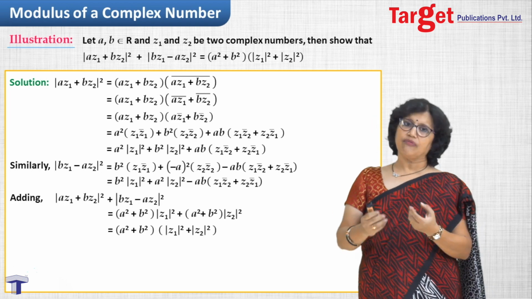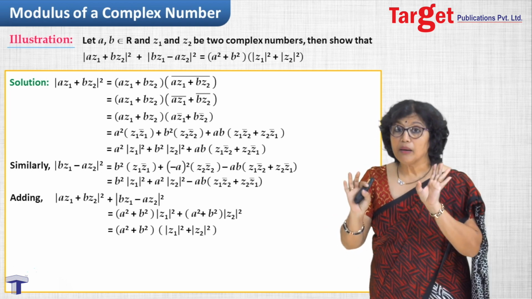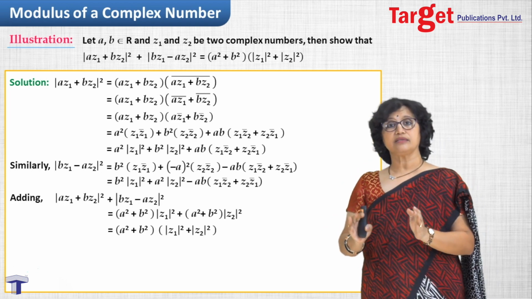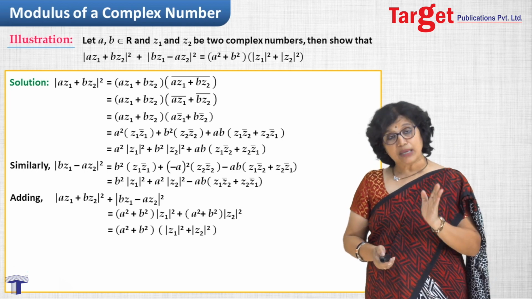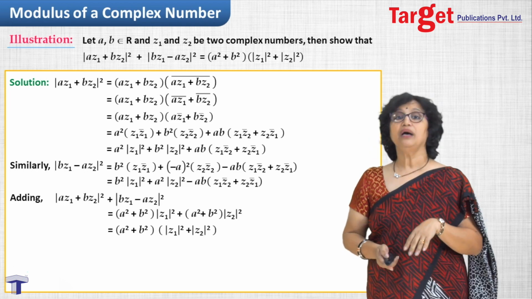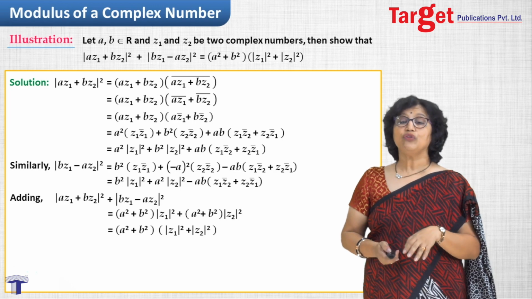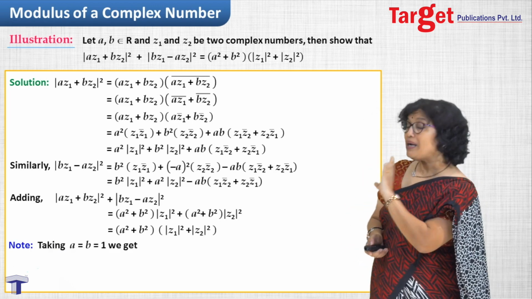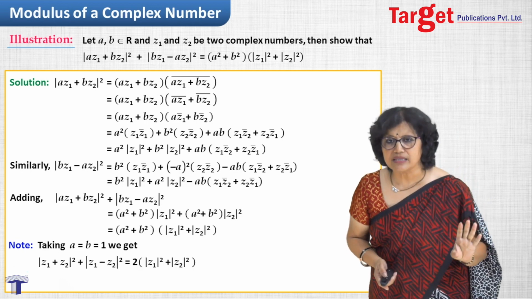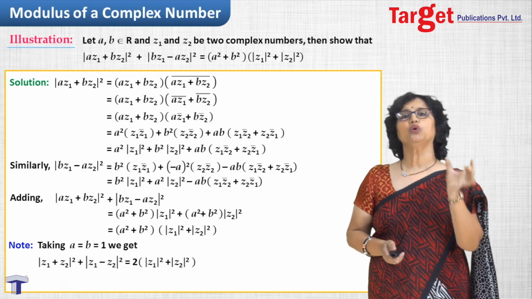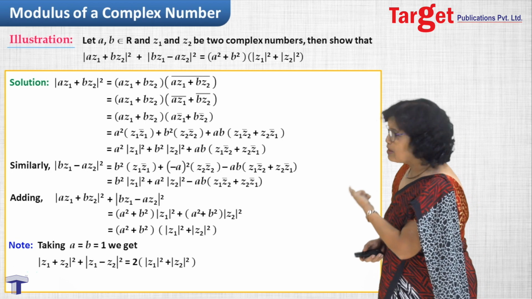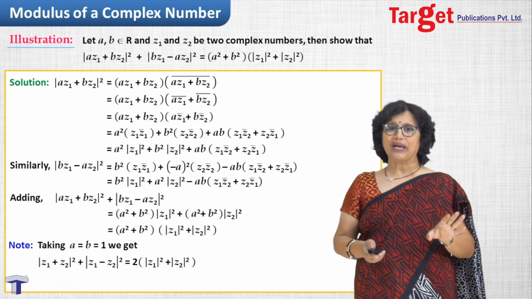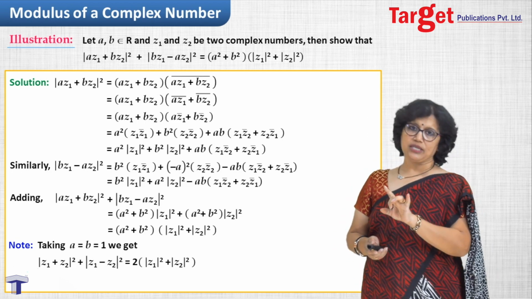Now it looks as if everything is over. My emphasis is that this property is important. It has some geometrical interpretation if you take a and b precisely as one. Then the property looks quite decent: mod of (z1 plus z2) whole square plus mod of (z1 minus z2) whole square equals twice of (mod z1 square plus mod z2 square).